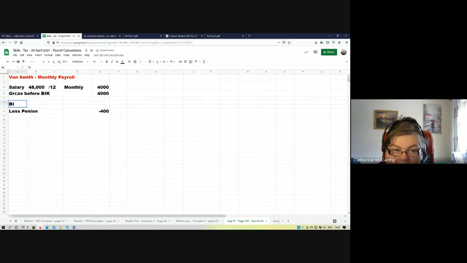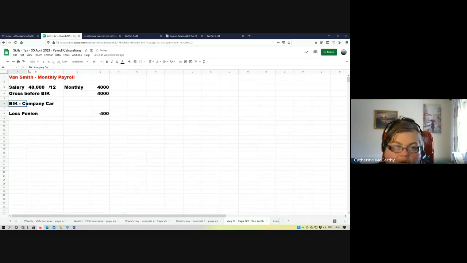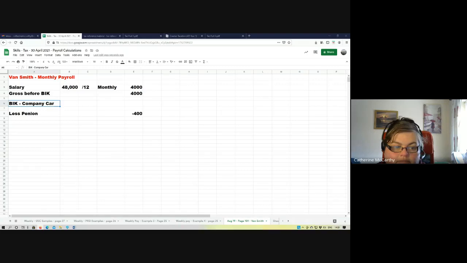Then the BIK for the company car. A benefit in kind is a taxable benefit in kind, and that is €6,000, isn't it?